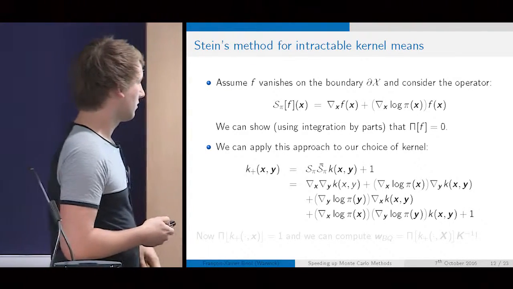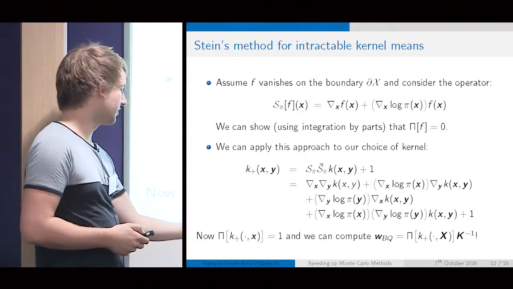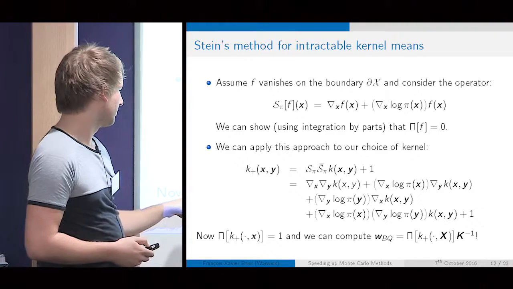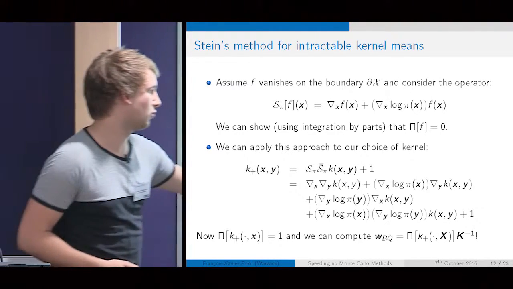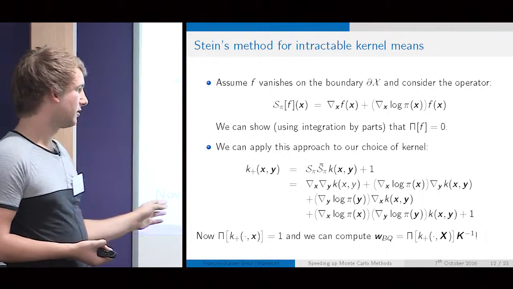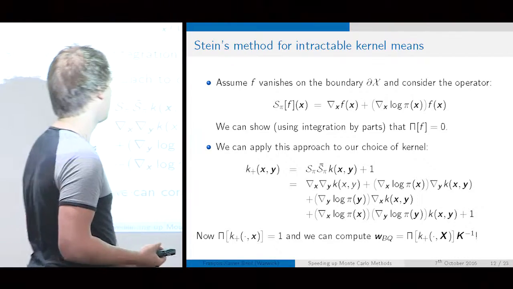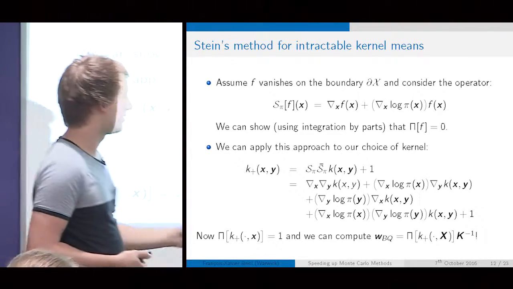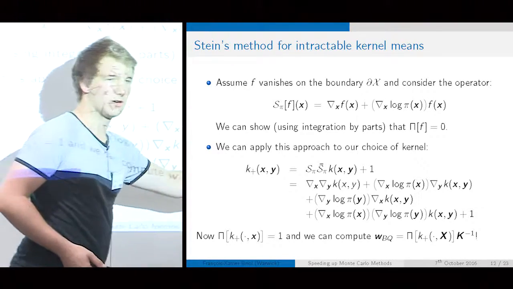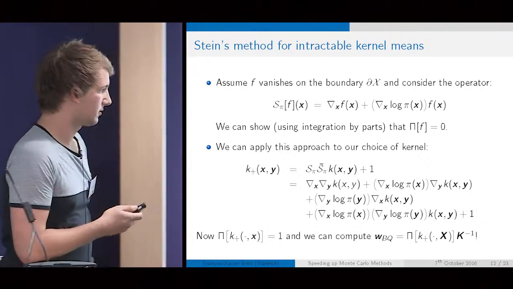So now, if I go back to my original problem, which was that I need to compute these kernel means, well, actually, the integral of this kernel is just 1. I can compute that analytically using integration by parts. And therefore, I can compute my Bayesian quadrature weights analytically. And this is just going to be a vector of 1s times the inverse of the Gram matrix.